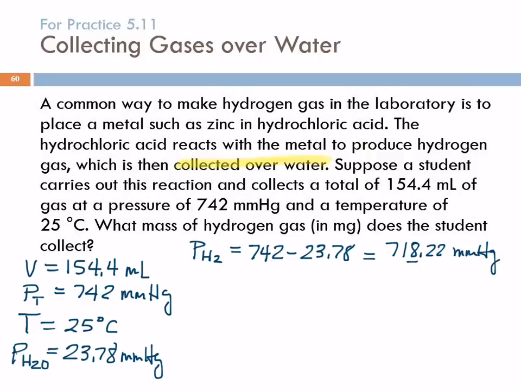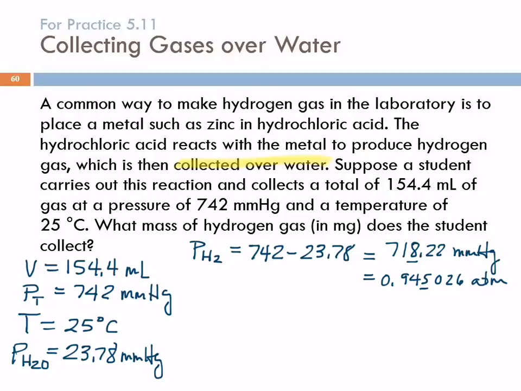So we've done a lot of these problems now. We need to convert the pressure to atmospheres, and that's done by dividing by 760. So this is equal to 0.945026 atmospheres. So that's the pressure of hydrogen.